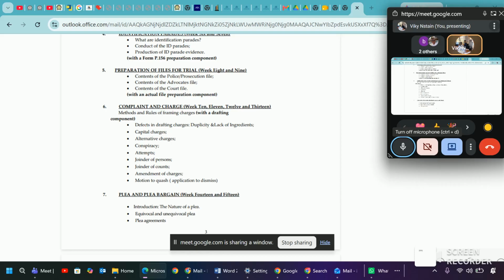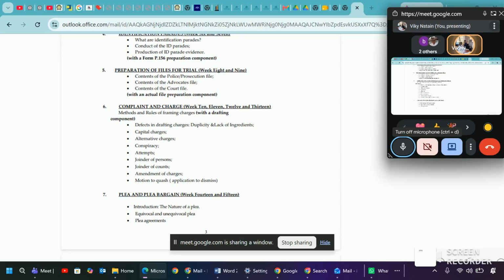Because the elements that form handling stolen property is that there is dishonesty where you received or retained the same items, knowing or having reason to believe it to be stolen. That is the language that the examiner will expect to see on the particulars, because you have the Penal Code.